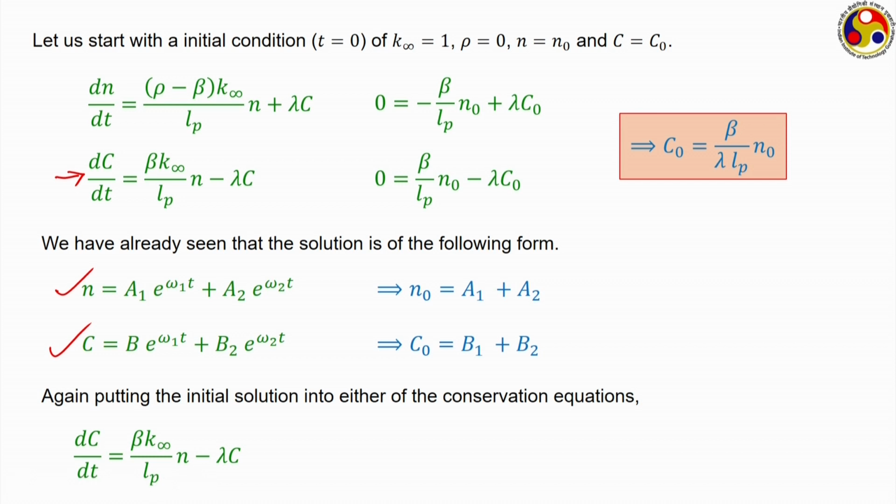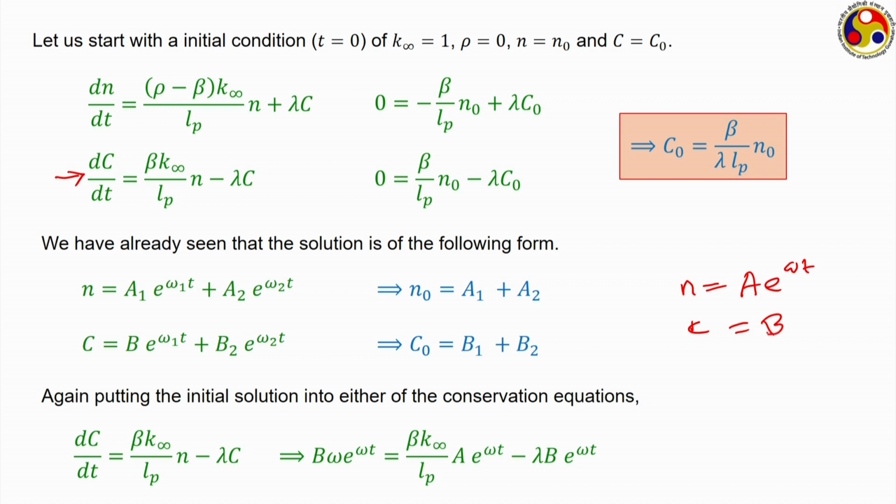Then this is the original equation that we had, and once we put the expression for C and n here, for simplicity we are putting the general form, that is n equal to a e to the power omega t and C is equal to b e to the power omega t.